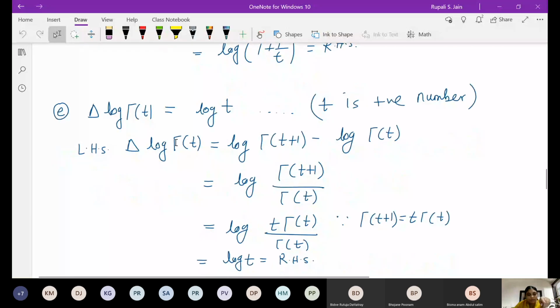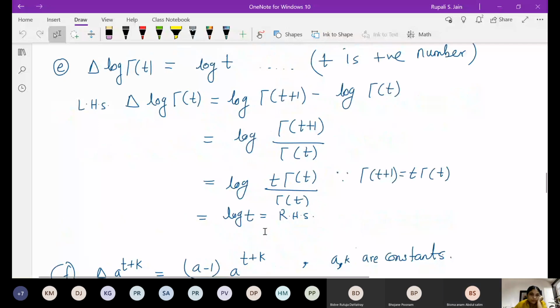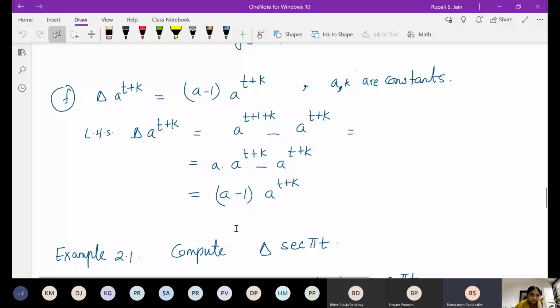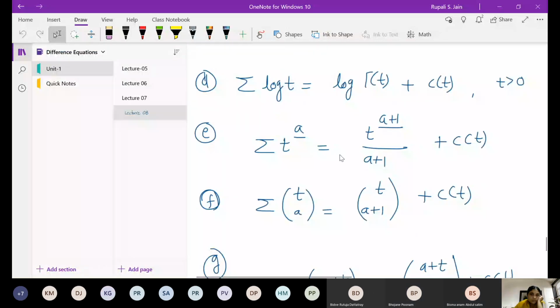Delta operated on this, so just reverse it. Is that okay? So summation log t is nothing but log of gamma t, because if I operate delta on log gamma t, I am getting log t. We have already shown this. Similarly here, the indefinite sum of t to the r falling is t to the r plus 1 falling divided by r plus 1.